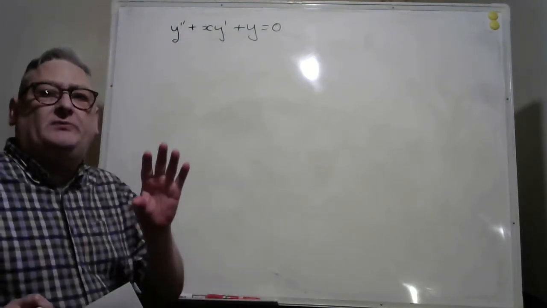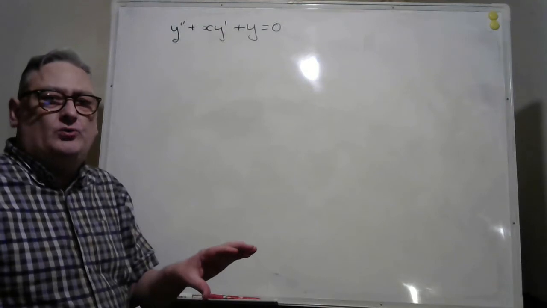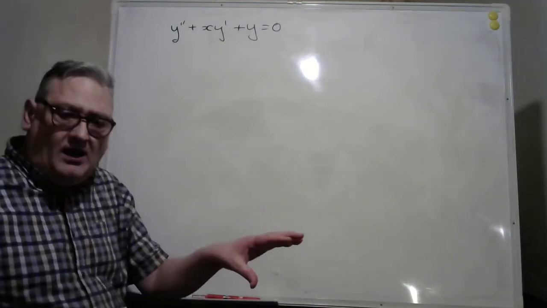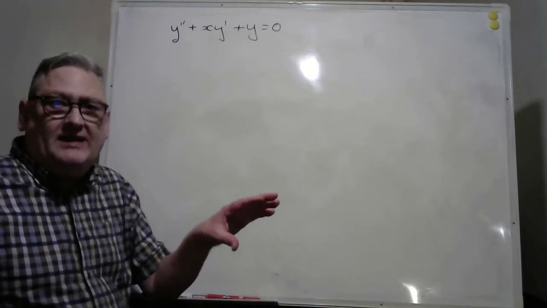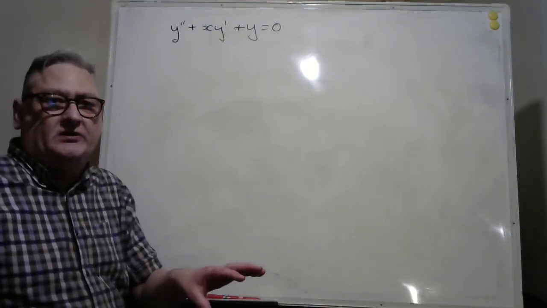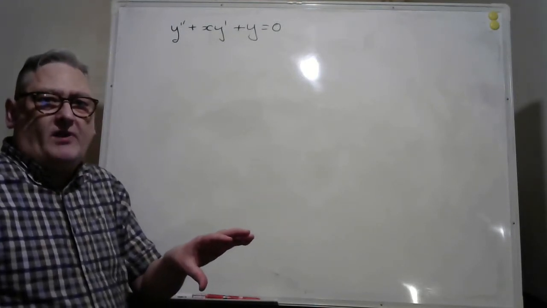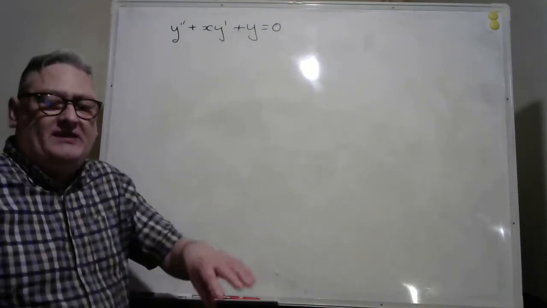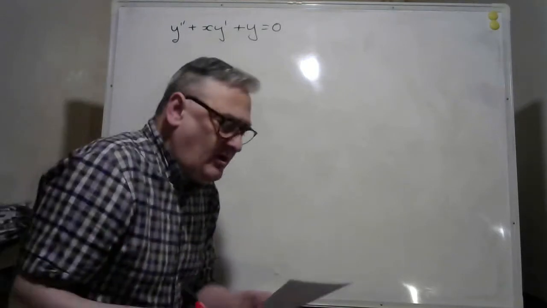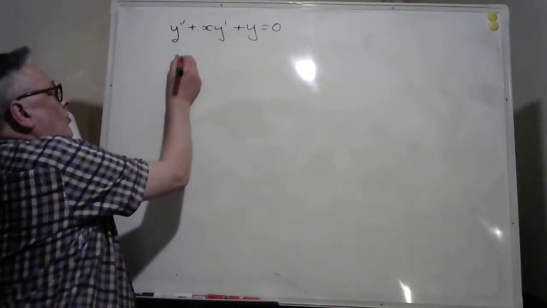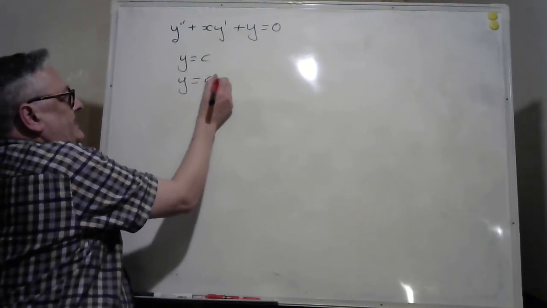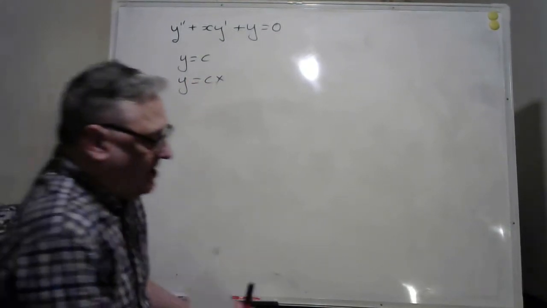But we're going to attempt to determine, first of all, a linearly independent solution. We have to, of course, use trial and error to do that, but this is a little more complex. We can't just choose y equals a constant or y equals c of x.